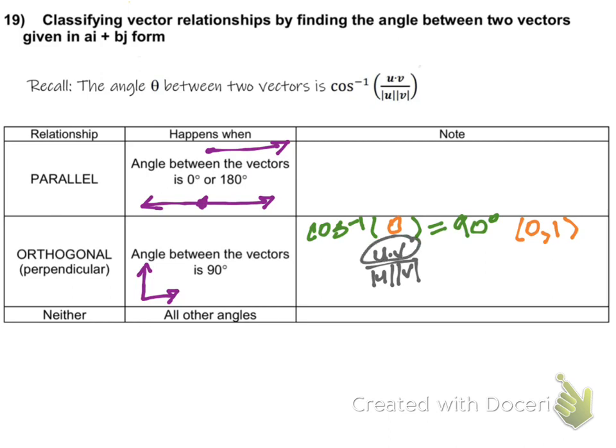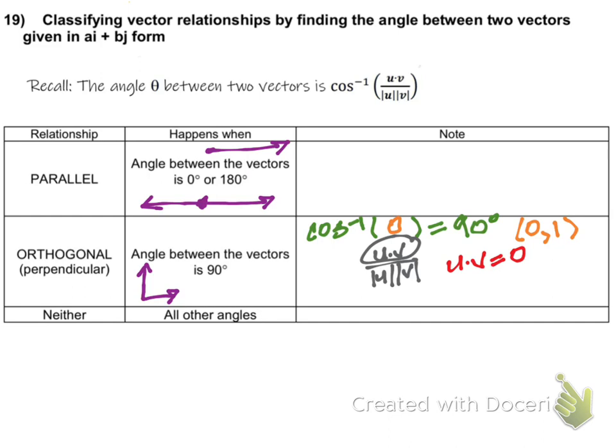So I know that two vectors are perpendicular or orthogonal if u dot v is 0. If I just want to know if they're orthogonal or perpendicular, I can just check the dot product, and the dot product will tell me without having to find the magnitudes and actually find the angle between them.